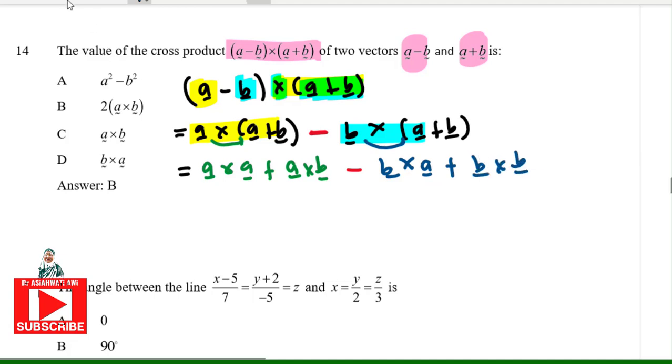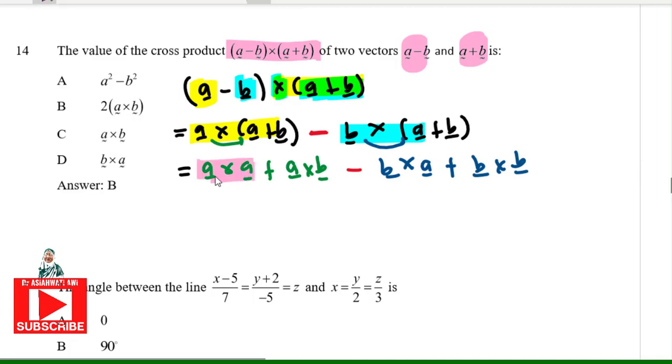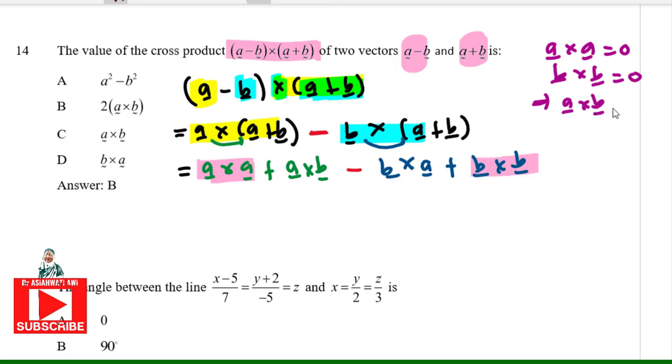When the same vector is crossed, you get 0. a cross a is equal to 0, b cross b is equal to 0. Why 0? Because if you change to a determinant, it has the same row twice, which gives a determinant equal to 0. And a cross b is equal to negative b cross a.